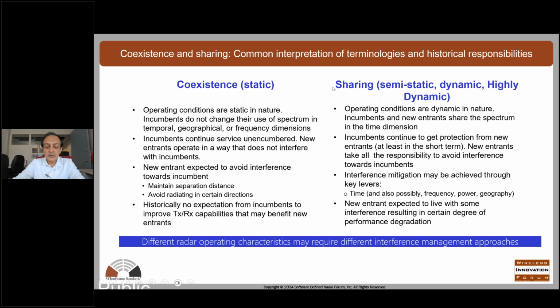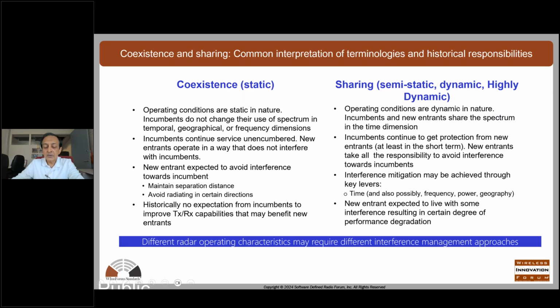Now, again, in the interest of establishing some terminology and going forward with a common set of understanding, I would like us to first agree upon a common understanding of what we mean by coexistence and sharing. And within the sharing, we will talk about semi-static, dynamic, and highly dynamic.